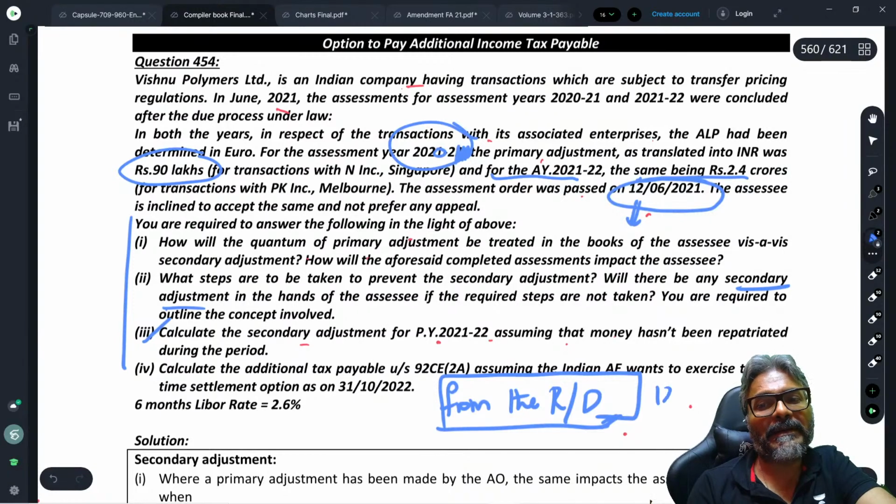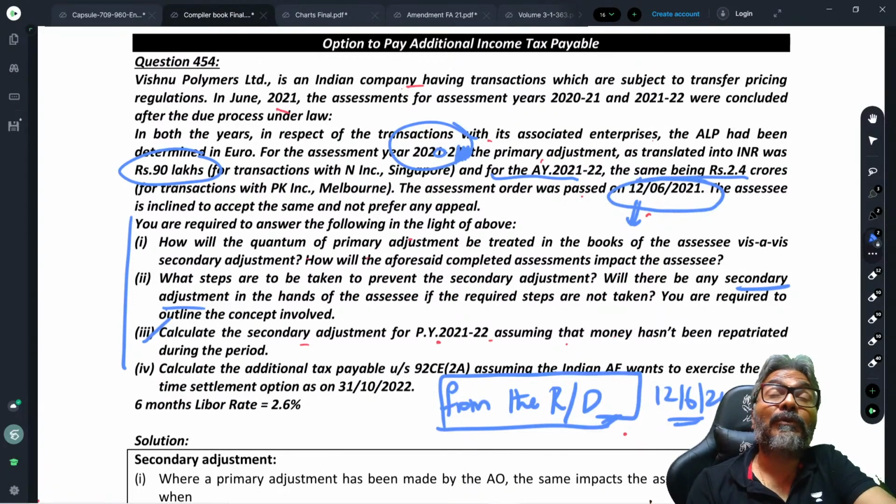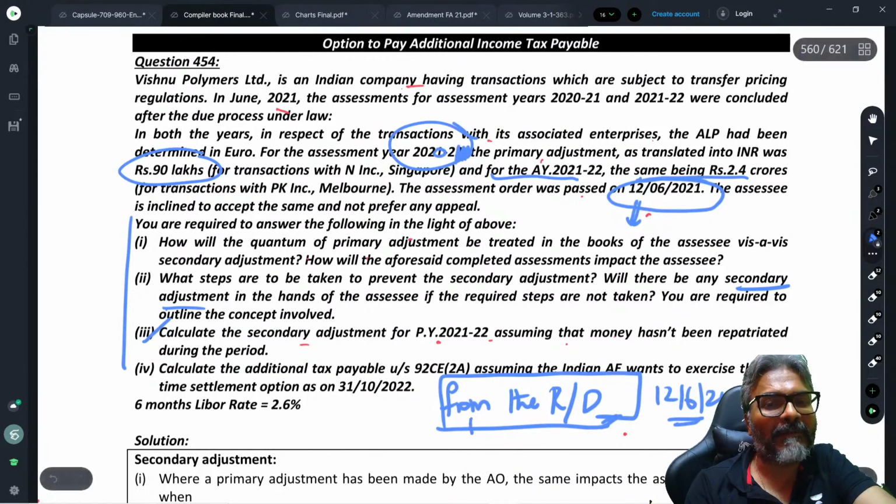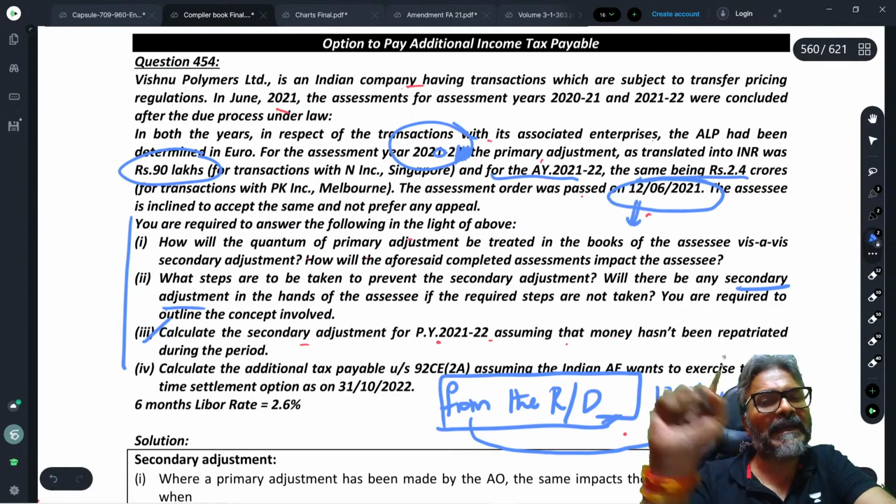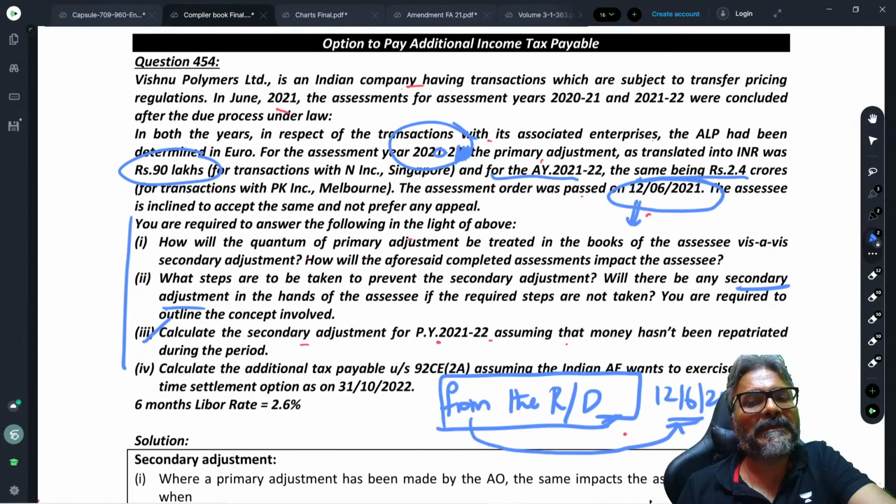The relevant date here is 12th of June. So therefore, 12th of June also should be considered. Whenever the word is from, even this date has to be considered. So you will consider even 12th of June for the purpose of interest.